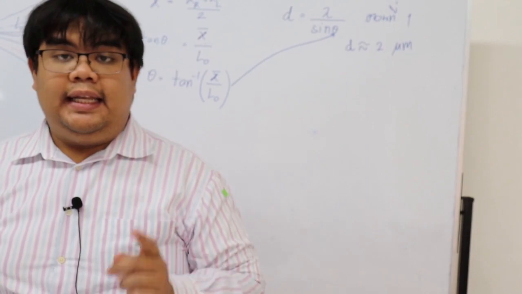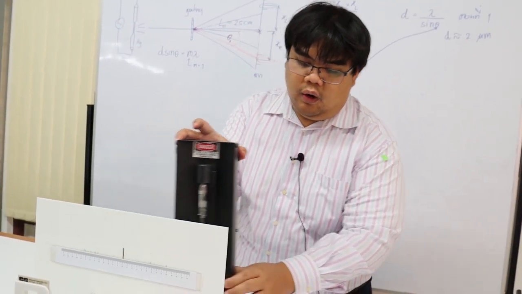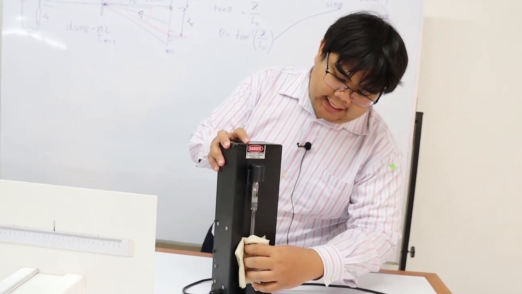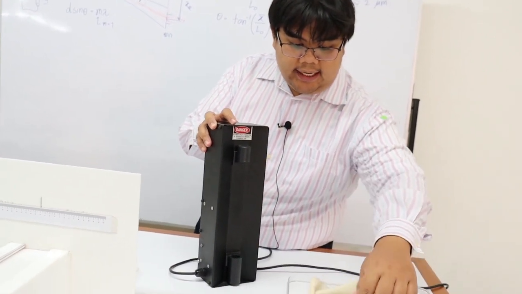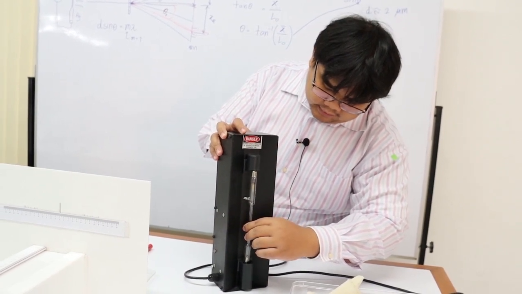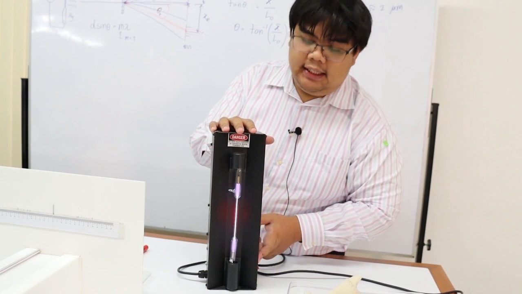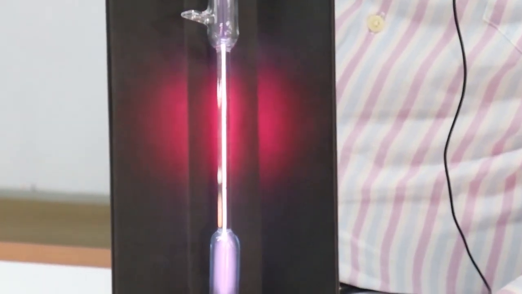For part 2, we do the same thing as part 1, but this time we have to change the tube from the mercury tube to the hydrogen tube. This is the hydrogen tube. Insert it into the source. The hydrogen tube will give you a pink light like this.